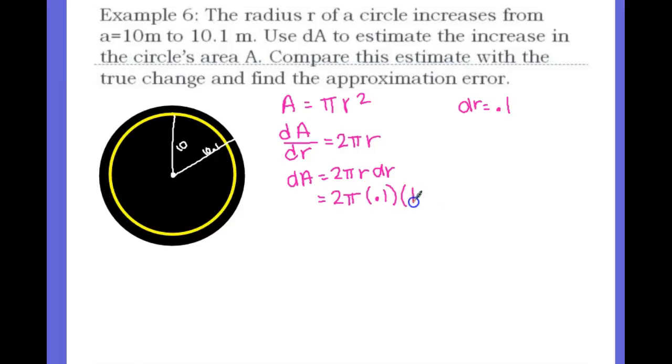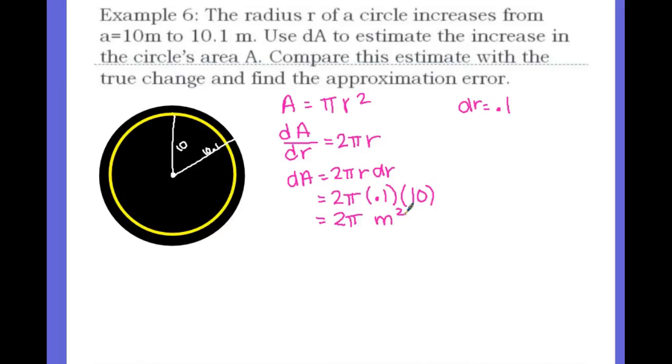So this is 10 because the 0.1 is allotting for the change. So what's 0.1 times 10? It'd be 1/10 times 10, so it'd be 1. So dA is 2 pi. And if you want to get really specific, we're talking about meters squared because we're talking about area.